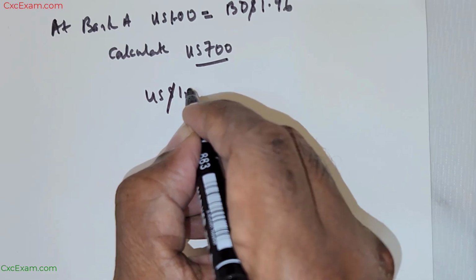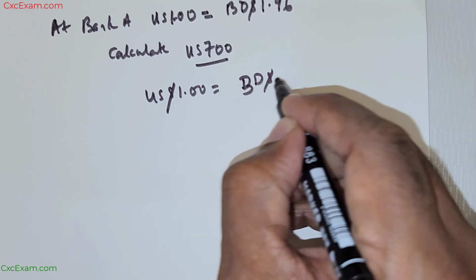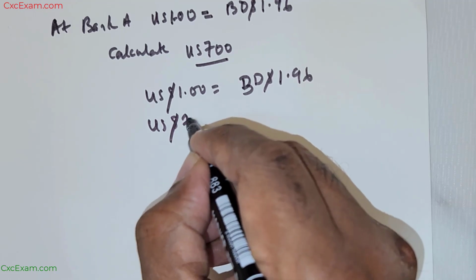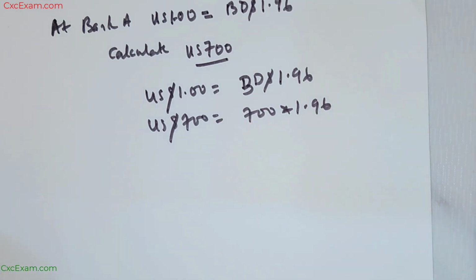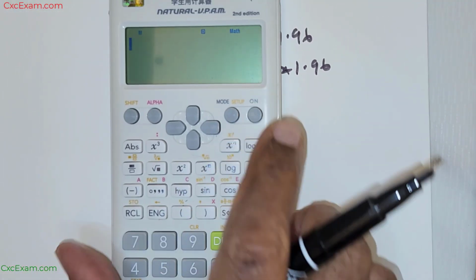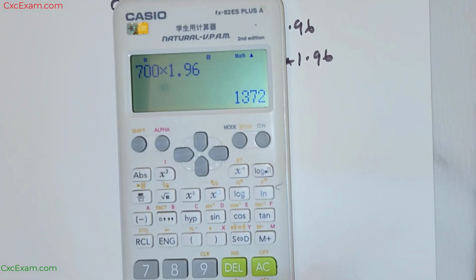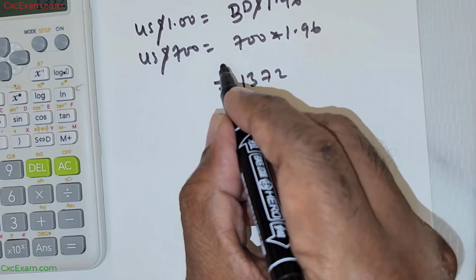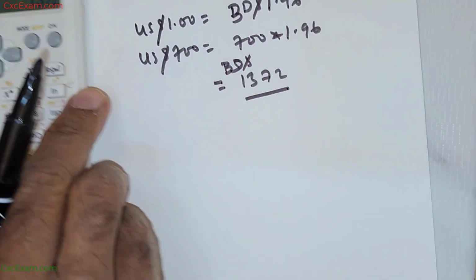Say US dollar 1 is BD dollar 1.96. So US dollar 700 is nothing but 700 multiplied with 1.96. So 700 multiplied with 1.96, you get 1372. So this is equal to 1372 BD dollars. Okay, so that's the solution to this question.